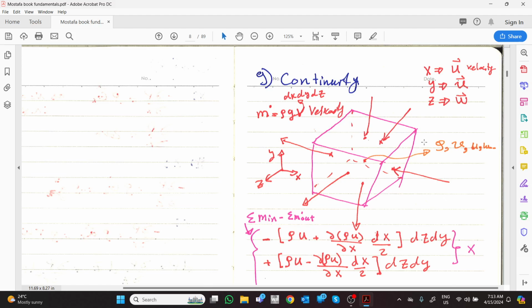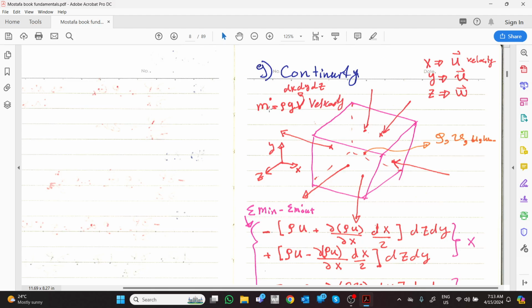For our simplicity, in for example this x, this y, z, whatever, forget the direction, you can flip it, but any velocity in x we name it u, any velocity in y we name it v, any velocity in z we name it w. And we know that the mass flow rate is equal to the mass itself, it is rho times volume. The mass flow rate is rho times volume multiplied by the velocity. Remember, q equals velocity multiplied by the area, if you remember this point.